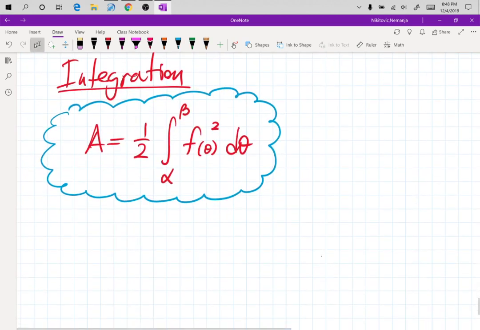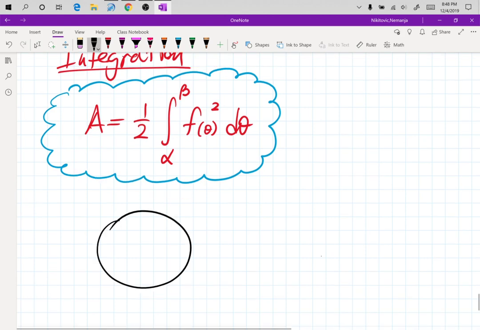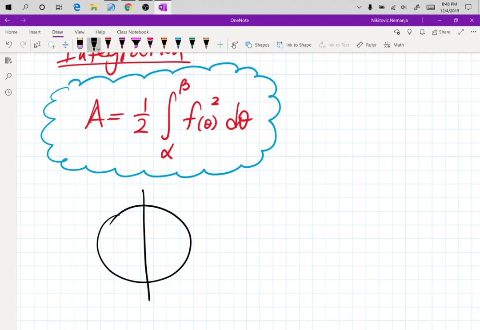Now, to understand this a little bit, I'm going to draw a circle here and do the pizza slice from angle alpha to angle beta and shade this region.